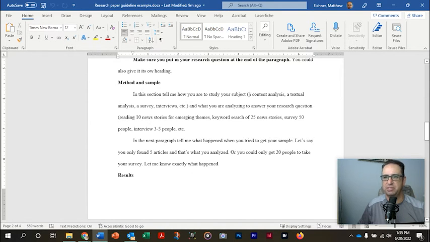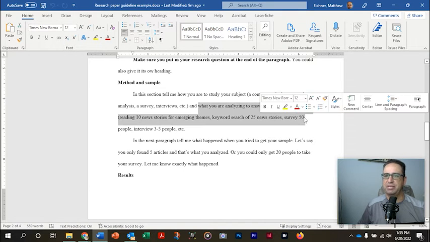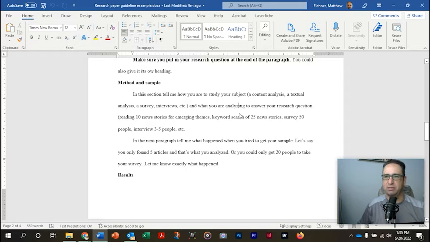So if you're going to do a content analysis, textual analysis, survey, interviews, or some other method, go ahead and tell me here. And then your sample is what you're analyzing to answer your research questions. So let's say you're going to read 10 news stories for themes, or you're going to do a keyword search of 25 news stories, or you're going to try to survey 50 people or interview 3 to 5 people. Okay, so tell me exactly how you're going to answer your question.